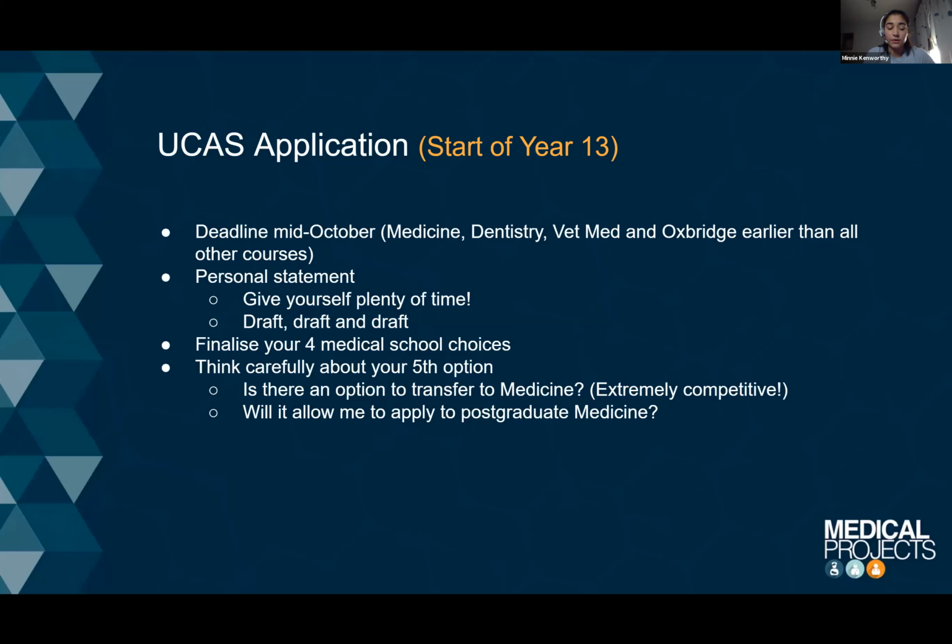There might be some courses that offer you a chance to, say you're doing biomedical sciences, transfer onto medicine after the first year, which are extremely competitive. But you know what, if you don't get in, it's your insurance, and there's no other way of getting in, then it's worth getting top of the class and transferring onto medicine. If you think you can do it, then that's something worth considering.